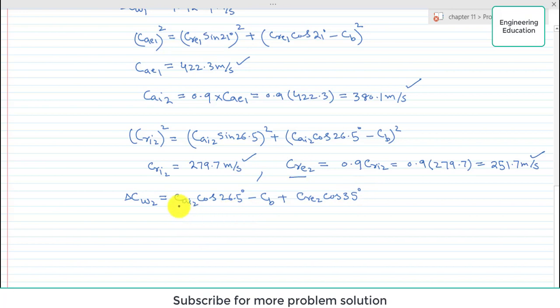So solving it, putting the values, we get the value which comes out 428.6 meter per second. So this is the value of delta CW2.